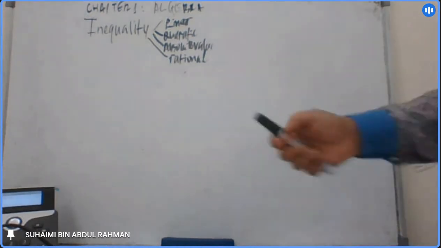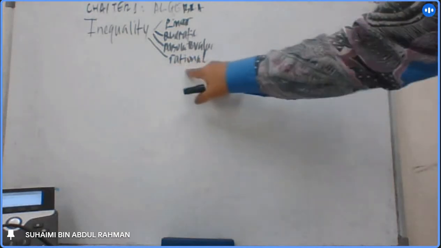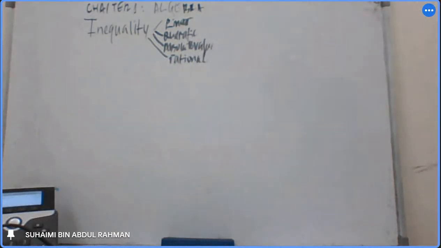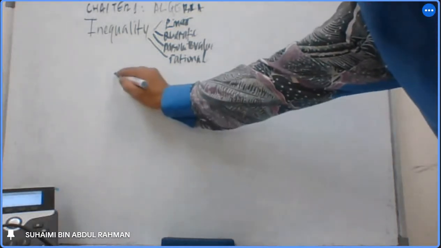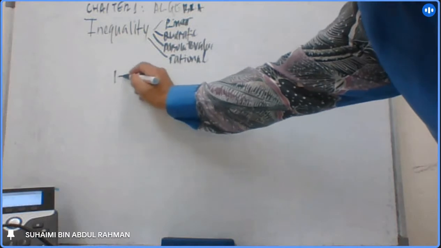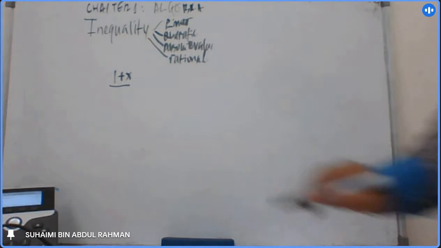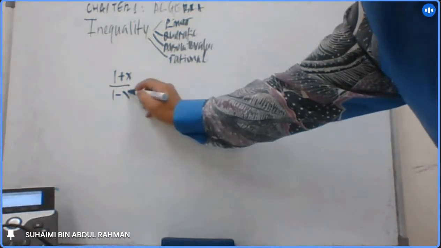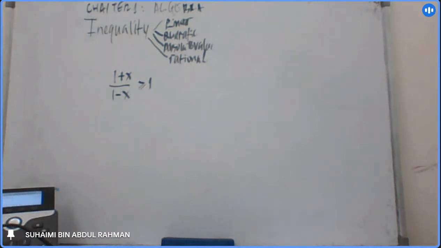Now we look at the rational inequality, which involves a fraction. For instance, solve the inequality (1 plus x) over (1 minus x) greater than or equal to 1.